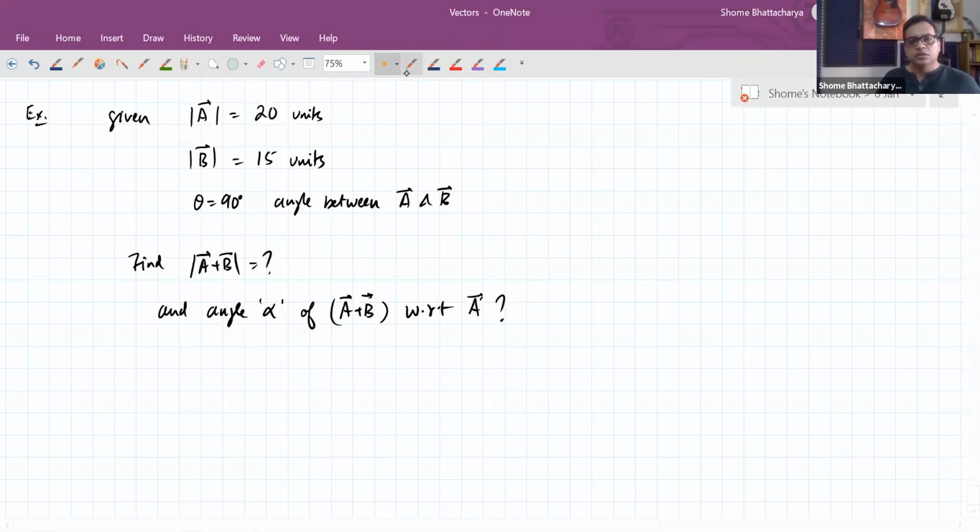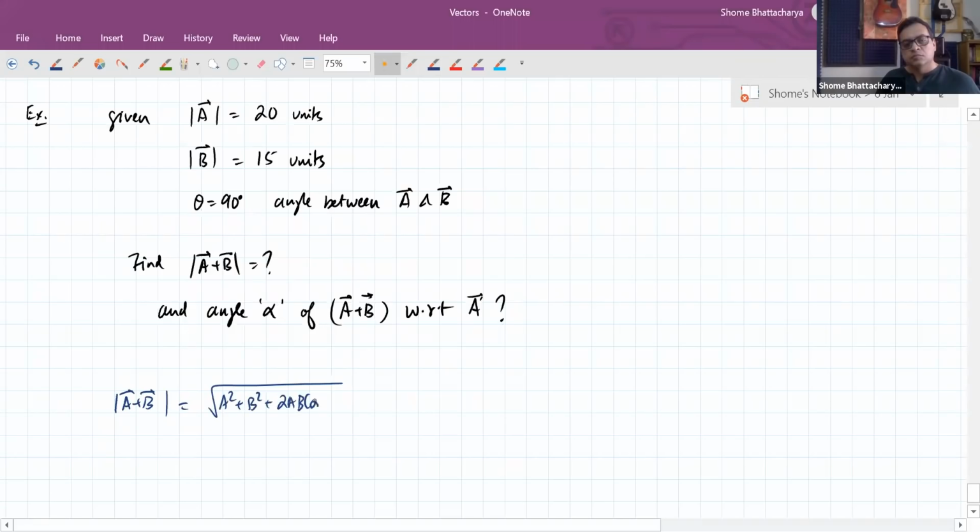Okay, so let's just quickly look at the application of the formula. So here, mod of A plus B, we'll just substitute this. So here A we will substitute as 20, B as 15, but theta is 90 degrees. So we can see that cos theta becomes 0. So on substitution, it just becomes this much, which is 25. So there we are.